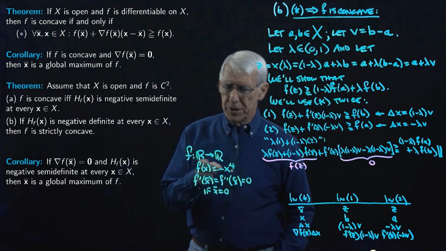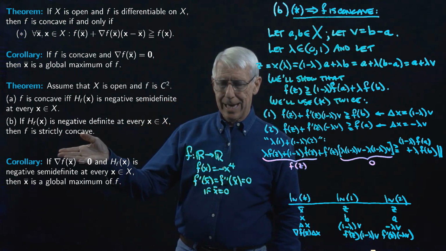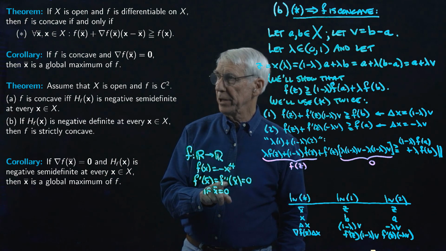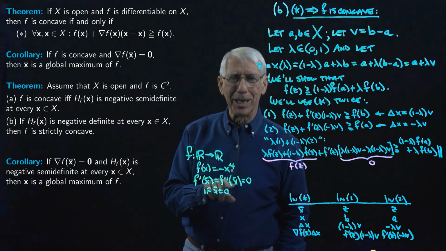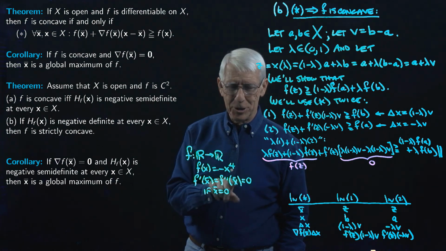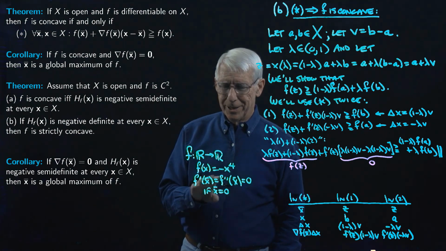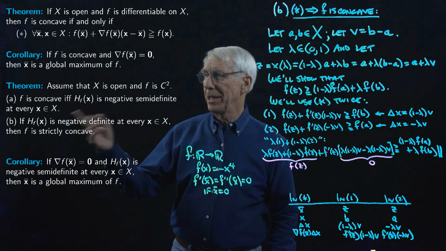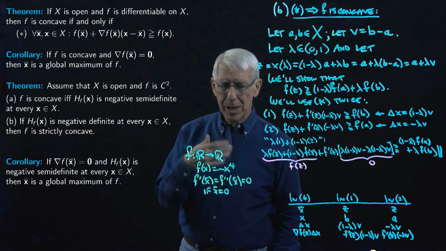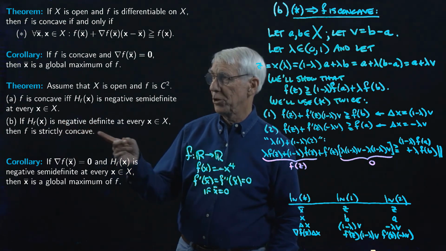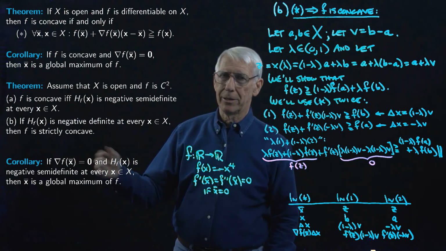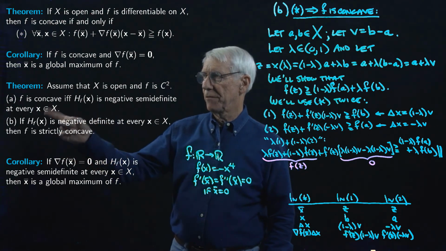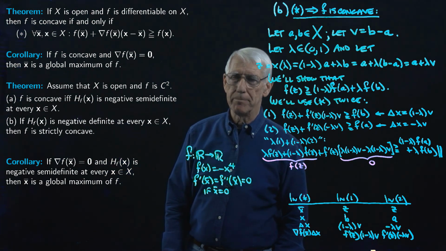And so this function is strictly concave, but its second derivative is not negative definite, although it's only a number. So negative definite here just means negative. So here we have a function that's strictly concave, but its second derivative is not negative. So this is a simple counterexample showing that the B part of the theorem doesn't go the other way. So it's not a characterization. All we get here is a sufficient condition for strict concavity.